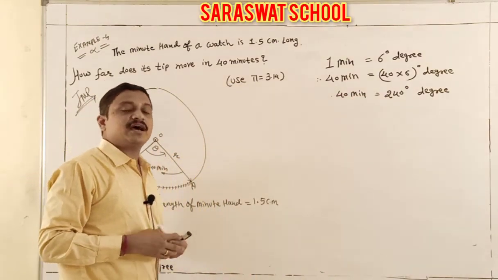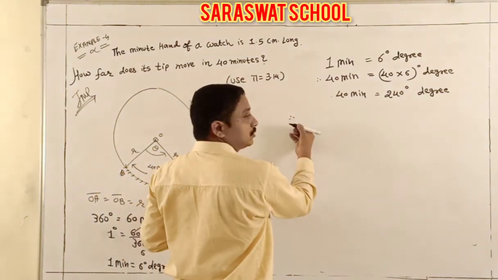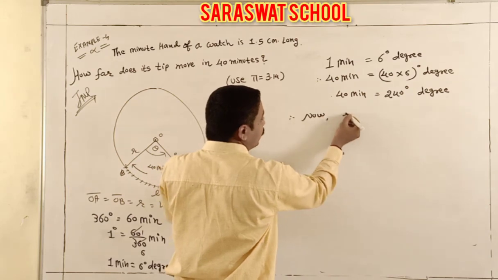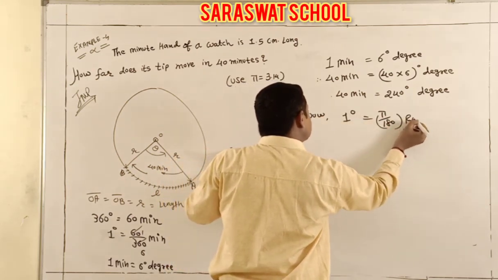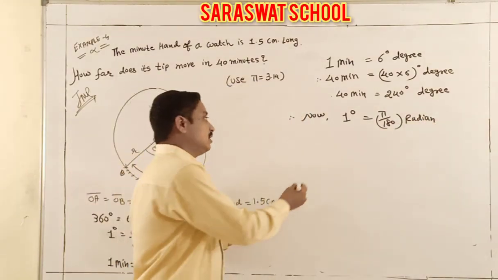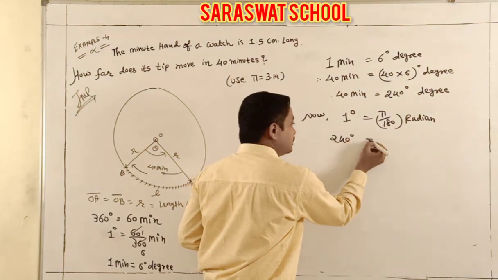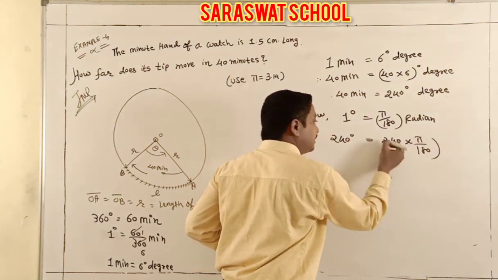Now students, I want theta in the radian measure. So now you calculate: 1 degree is equal to pi by 180 radian. That's why 240 degree is equal to 240 into pi by 180 radian.